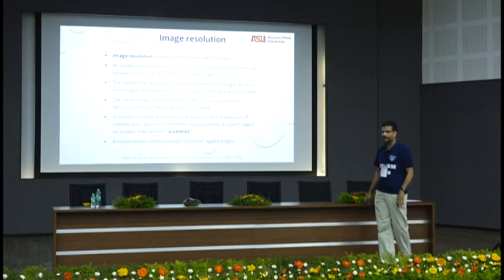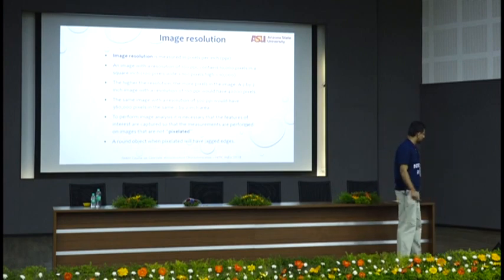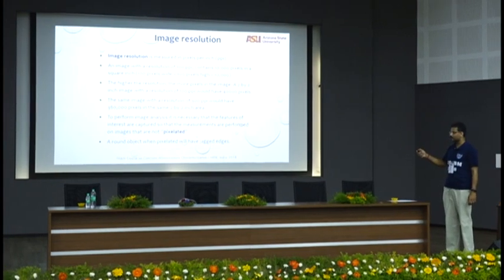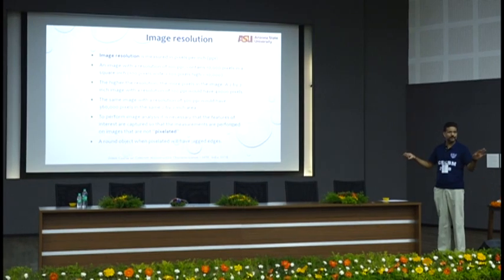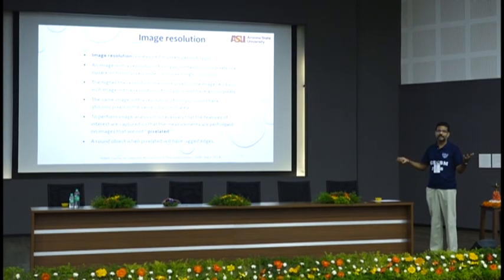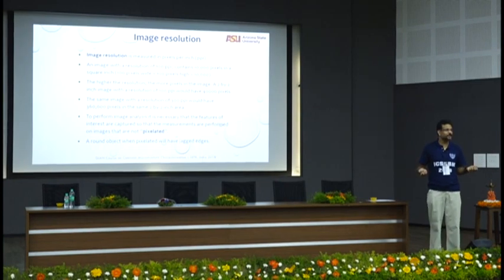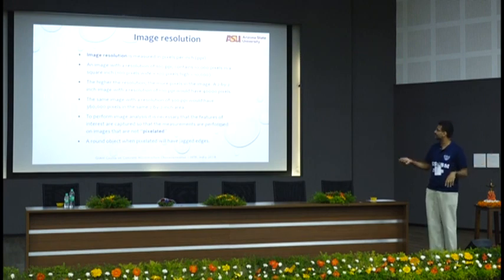Okay, now to the boring part. Those are all nice pictures and you can have fun. But the boring part here is a lot of terminologies. Resolution, pixels per mm, pixels per inch, all of you know that, right? You ask immediately, what's the resolution of the camera in your smartphone? So I want an 8 megapixel camera with whatever resolution that you want. So you know what that is.